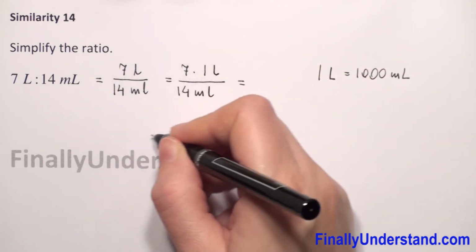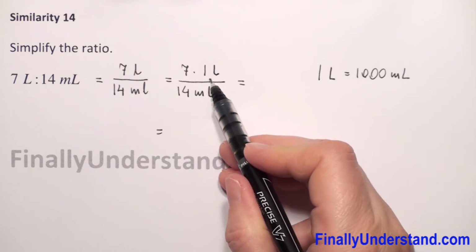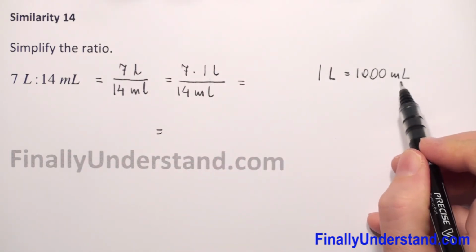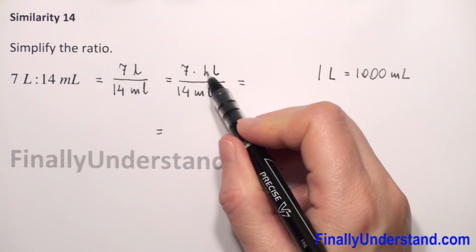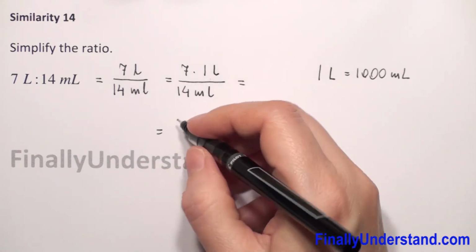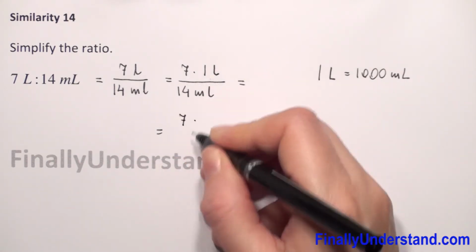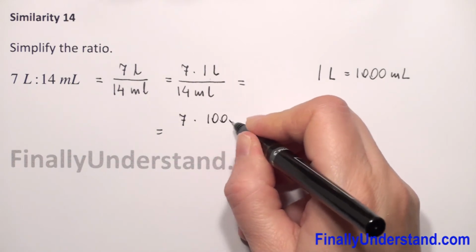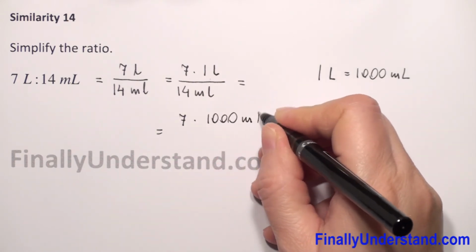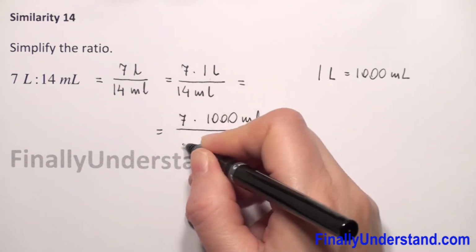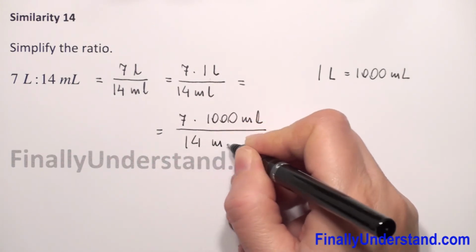And now 1 liter is 1000 milliliters, so I will substitute this expression by 1000 milliliters. 7 we will copy, times 1000 milliliters over 14 milliliters.